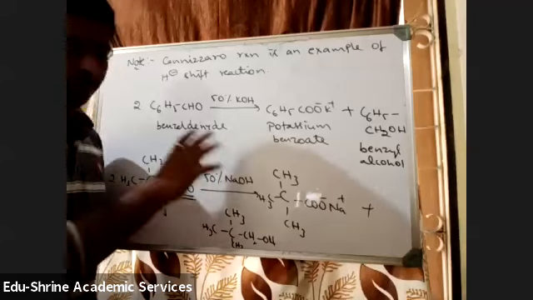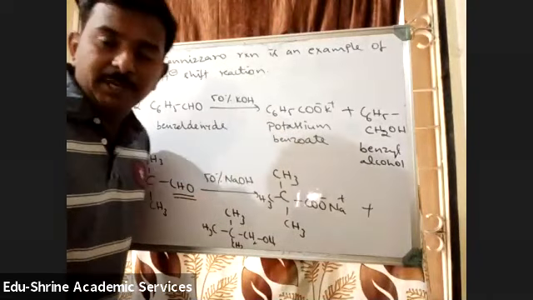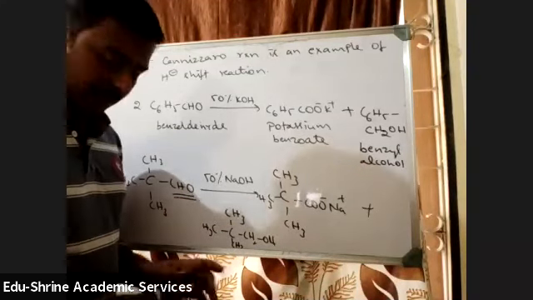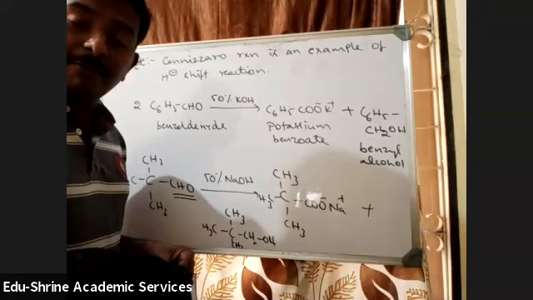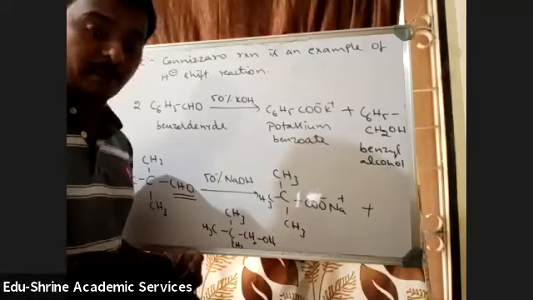Complete. So this is the Cannizzaro reaction, which is very simple. One will be the oxidized product, one will be the reduced product. When there are 2 moles of the same reactant, that is generally called self-Cannizzaro. In the same way that we have crossed aldol, here we have crossed Cannizzaro also.